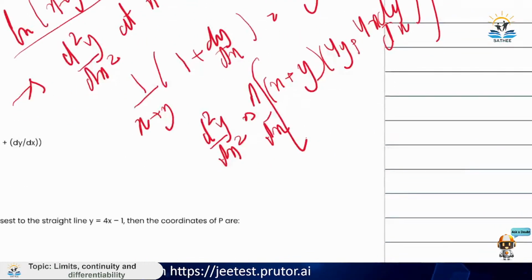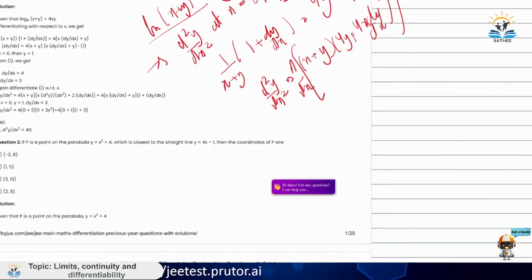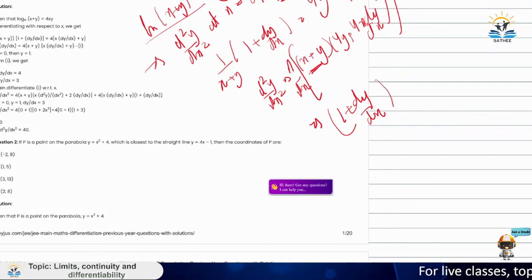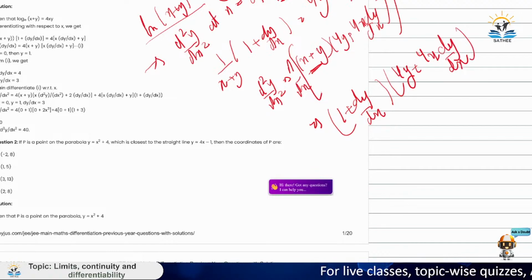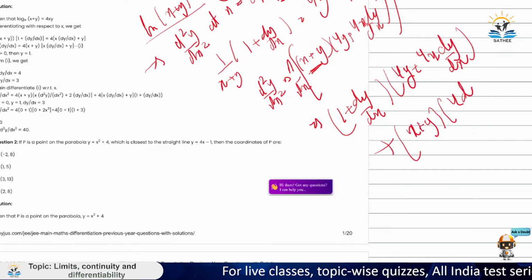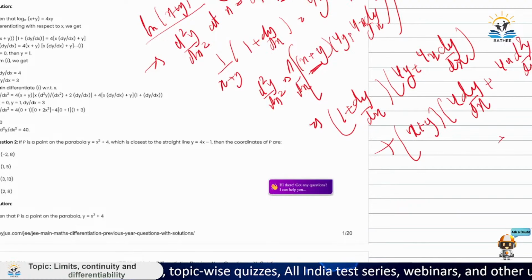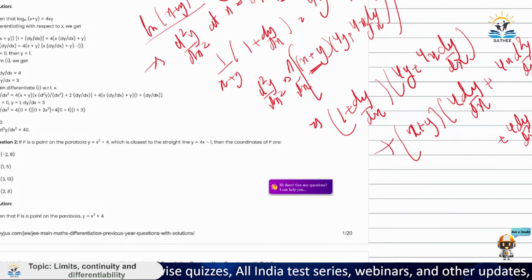So let's do this first. Let's apply the product rule that we learned earlier. So we differentiate this first: it is 1 plus dy by dx, multiplied by 4y plus 4x dy by dx, plus (x plus y) into 4 dy by dx plus again product rule, 4x d2y by dx square plus 4 dy by dx, right?